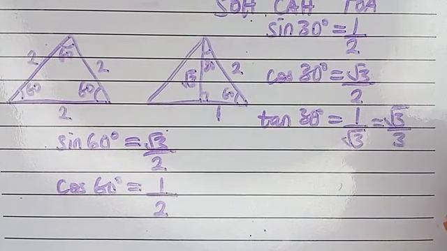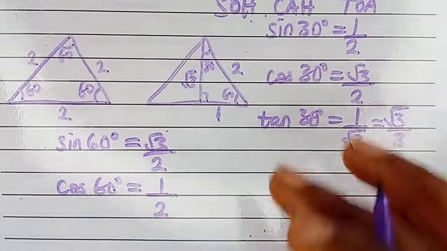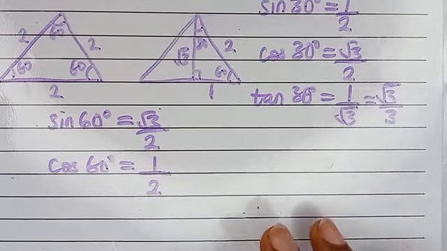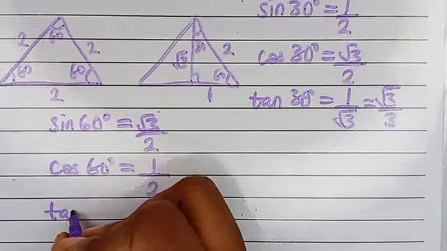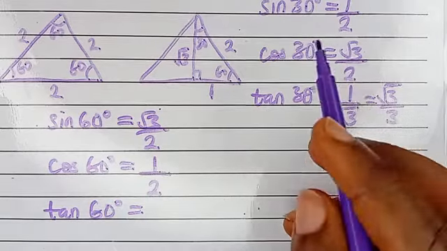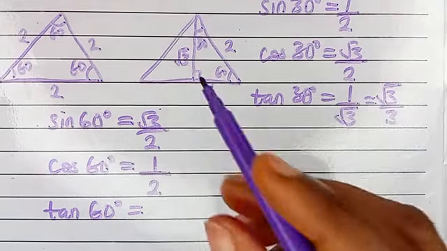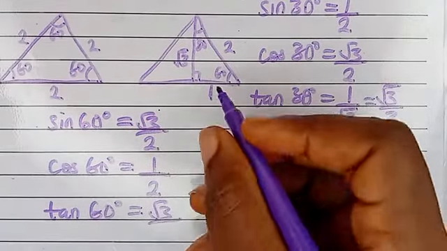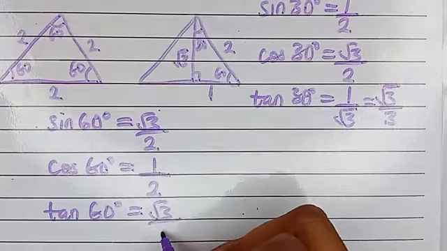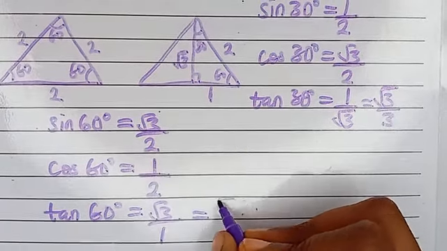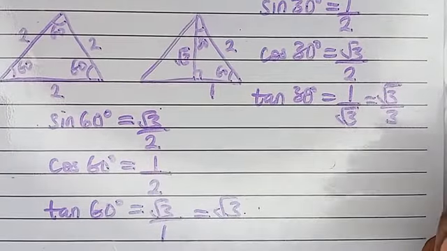So cosine 60 is half. Now for tan 60 degrees, it is equal to opposite over adjacent. Opposite to 60 degrees is root 3, and adjacent is 1. So root 3 over 1 is just root 3.